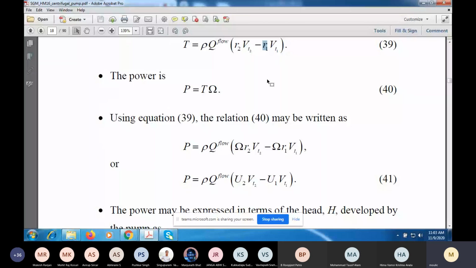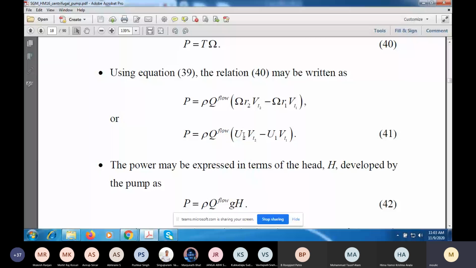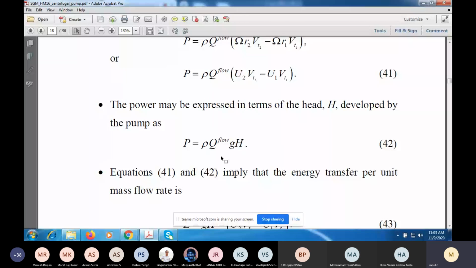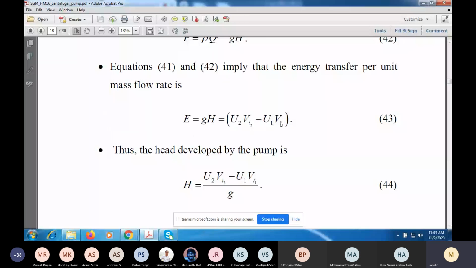And the power is T omega, which is of this form. One can write it as mass flow rate times the rotor velocity at the tip of the impeller multiplied by the tangential absolute fluid velocity at the tip, minus the same quantities at the inlet of the impeller blade. And since the power is rho Q g H, you have the energy transfer gH is u2 v theta2 minus u1 v theta1, and the head you get by dividing the right hand side of this equation 43 by g.